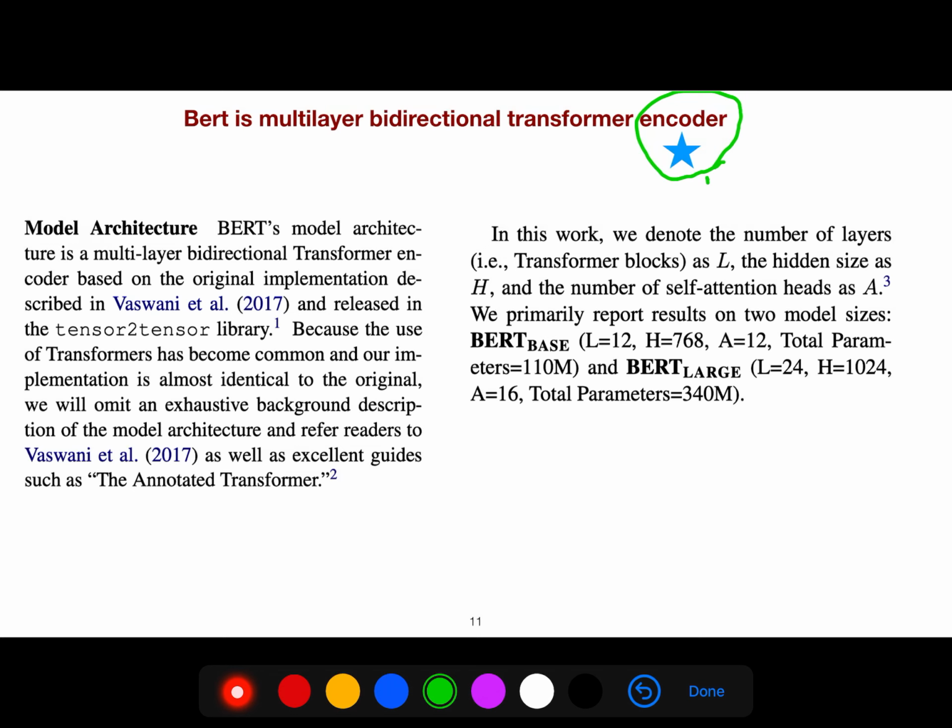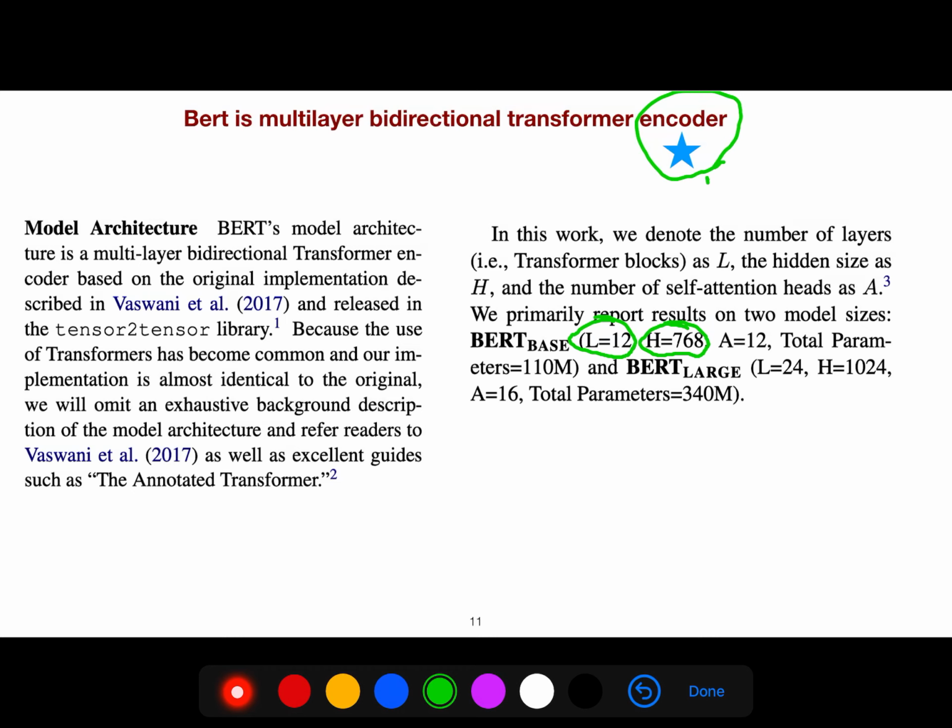So the model architecture: first of all, we are using the encoder. BERT has 12 layers by default, and the number of hidden states, you will see when I code in PyTorch, is 768. The default is this hidden size.